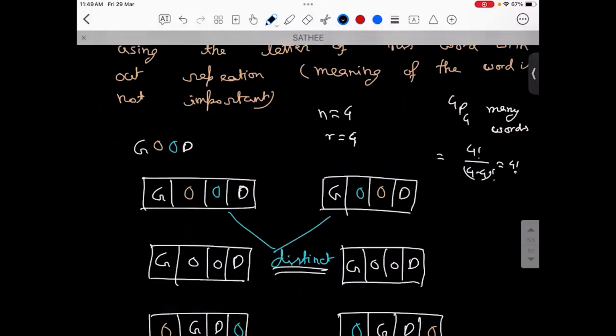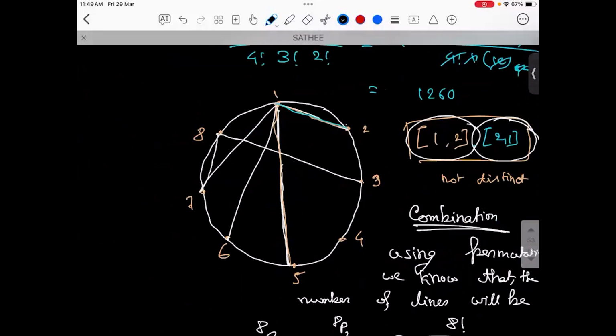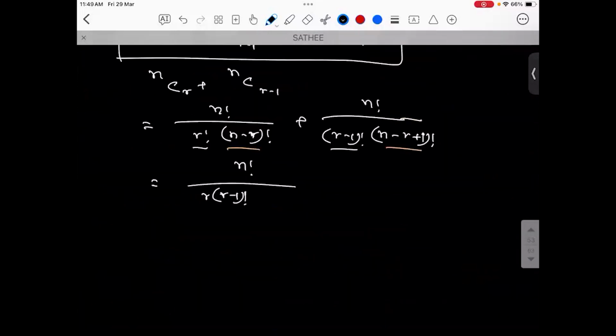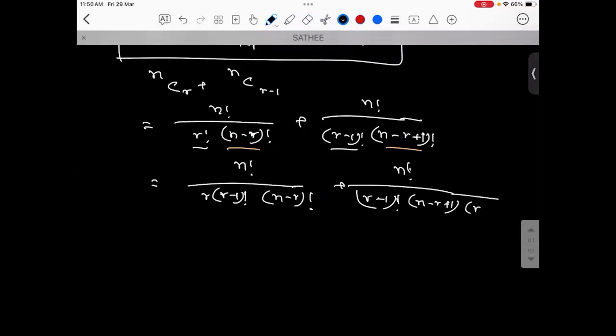So I can write r factorial as r into (r minus 1) factorial. Similarly, (n minus r) factorial I will keep here, and here I will write (r minus 1) factorial and (n minus r plus 1) into (n minus r) factorial, because usually we reduce 1 from the previous term.